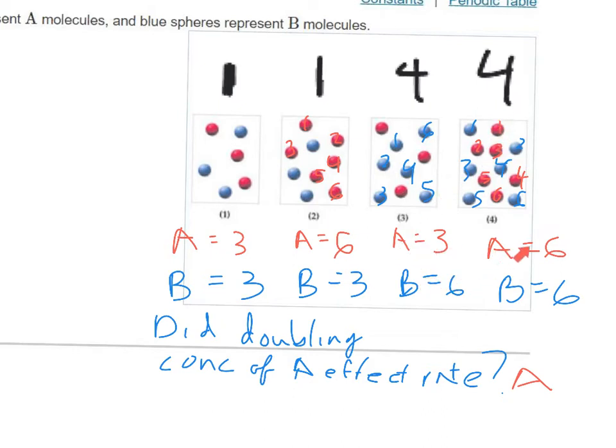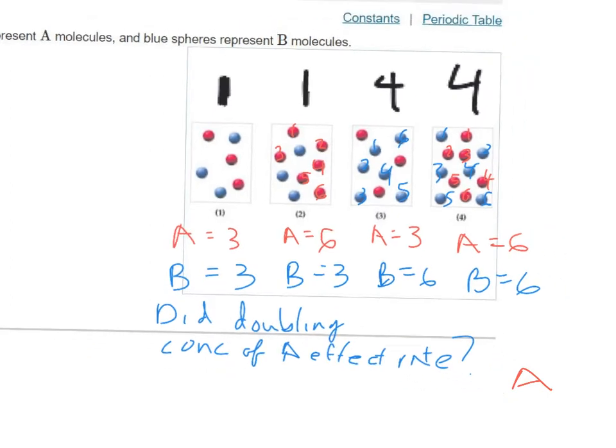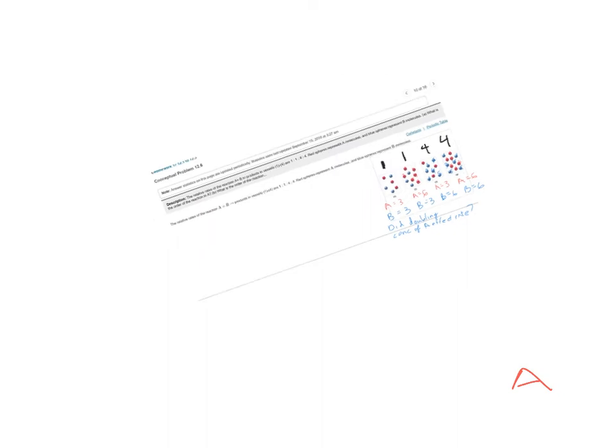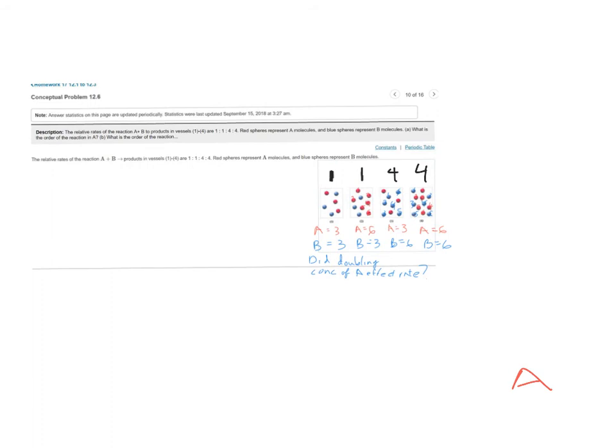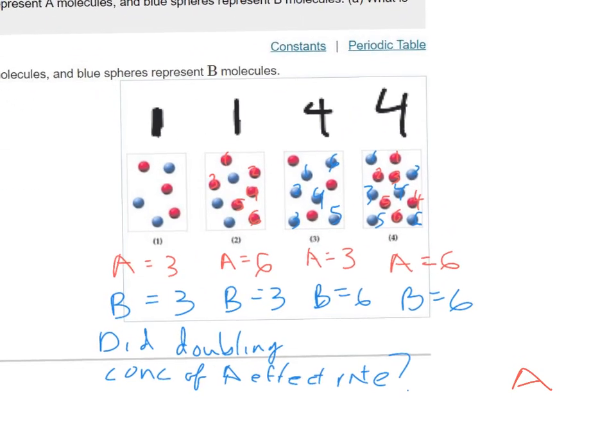So changing the concentration of A while keeping B constant had no effect on the rates. When the concentration of a substance doesn't affect the rate, that means we have 0 order in A. So we can say that our reaction is 0 order in A because the reaction isn't affected by the concentration of A.